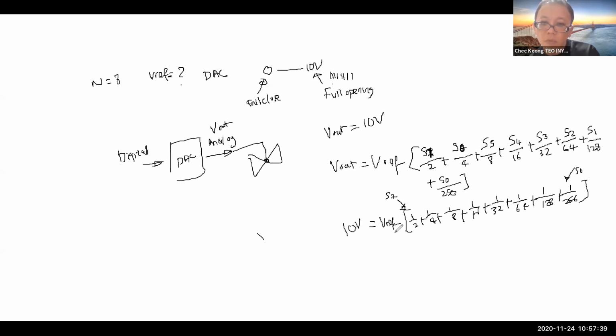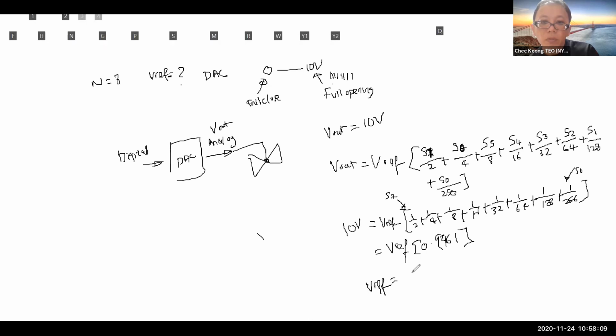Now we've got one unknown, the rest are all known. If we calculate this, the sum will be equal to 0.9961, so 10 volt equals V ref multiplied by 0.9961. So V ref will be about 10.039 volt.